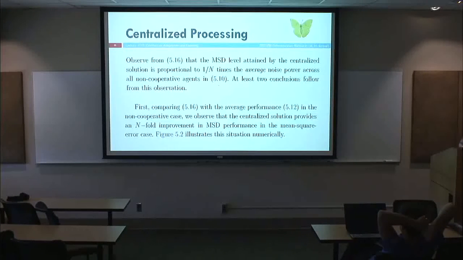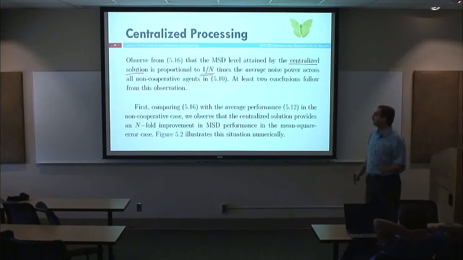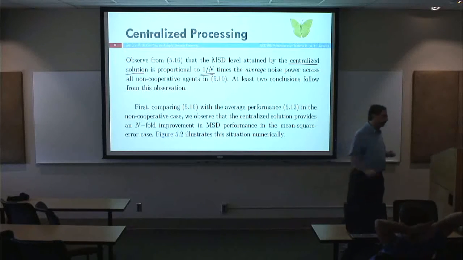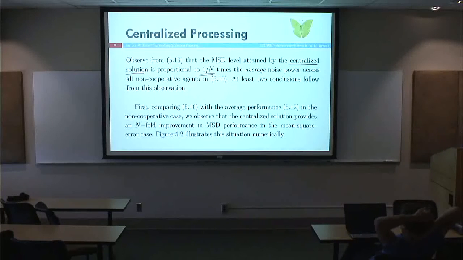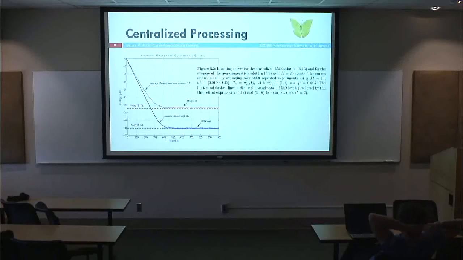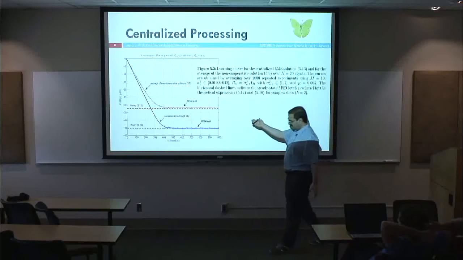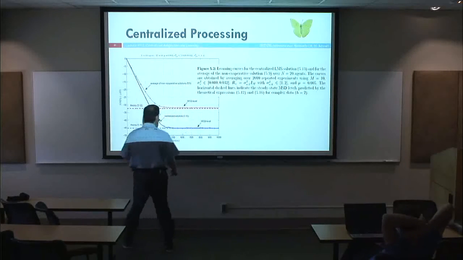So now, the centralized solution, therefore, provides 1 over n times improvement over the average non-cooperative solution. Very good. So you have an n-fold improvement in MSD. But what about the individual agents? Before I get to the second point, let me show you the simulation.